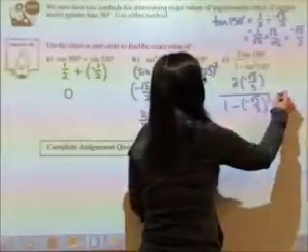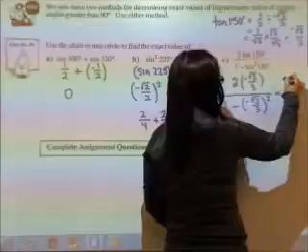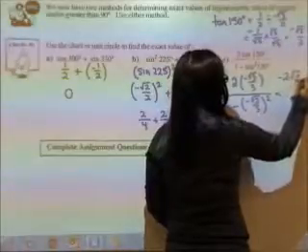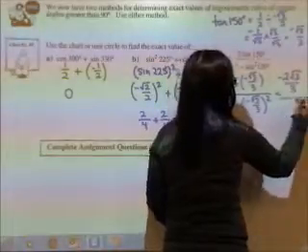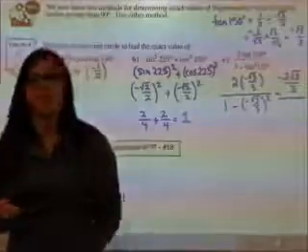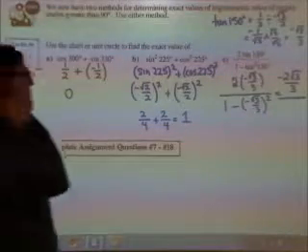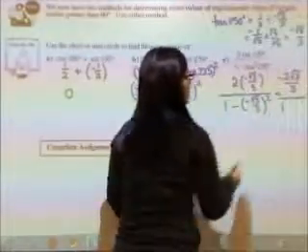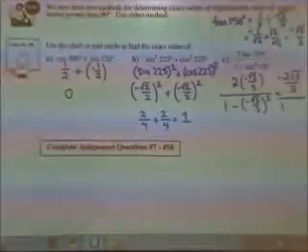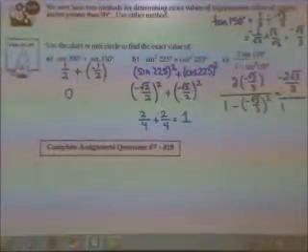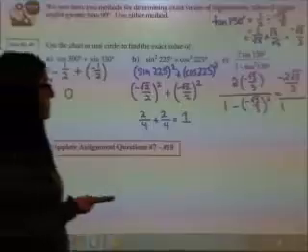So on the top, when I multiply this out, I will get negative 2 root 3 over 3. And then on the bottom, if I take root 3 and I square it, what do I get? 3.